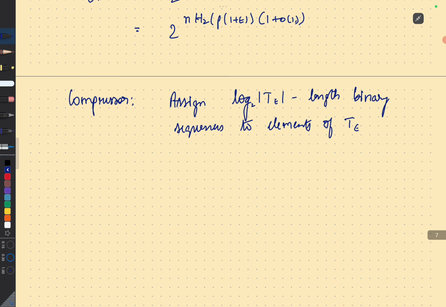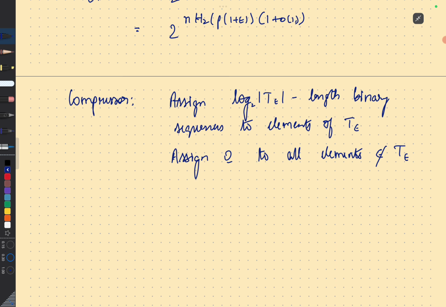So every element in T epsilon gets a distinct code word. If there's a sequence that is not in T epsilon, you assign it, let's say, the all zero sequence. So basically, only those sequences in T epsilon are going to be decoded correctly. Any sequence that is not in T epsilon will not be decoded correctly.